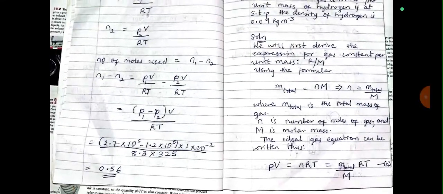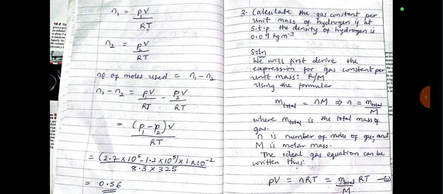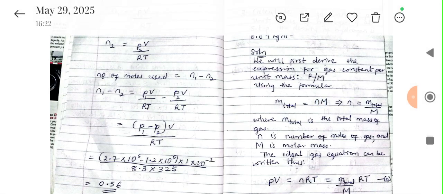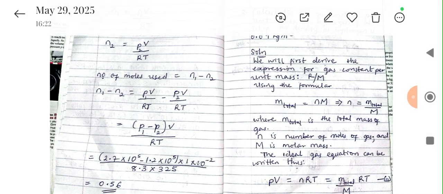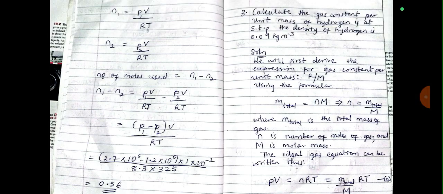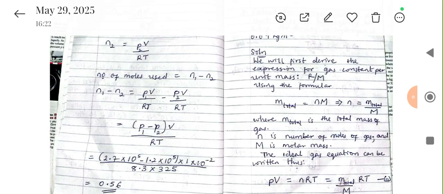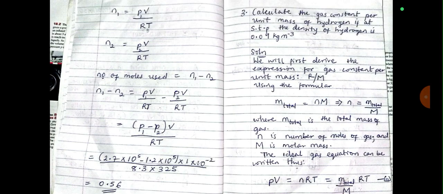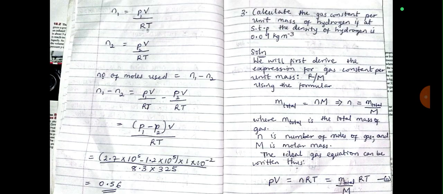Now we're going to use the formula that relates total mass and molar mass. The total mass of a gas is the number of moles multiplied by the molar mass. Molar mass is the mass of 1 mole of a gas. So if you multiply the mass of 1 mole by the number of moles, you will get the total mass of gas.